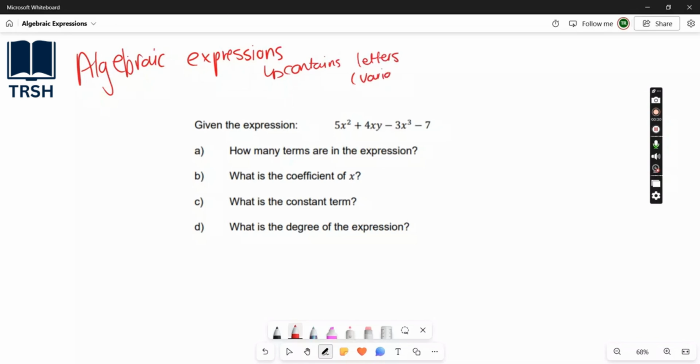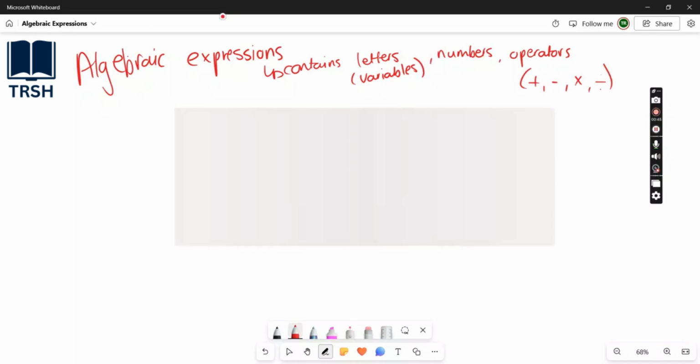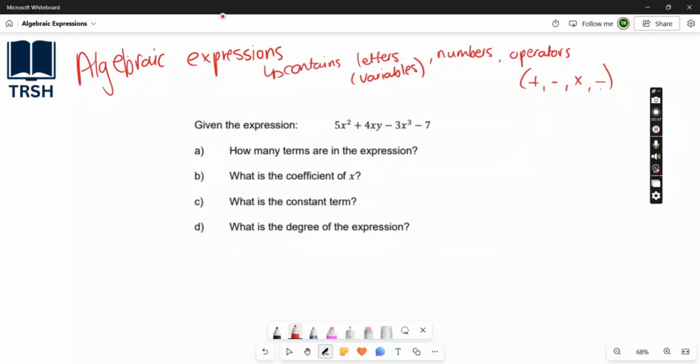They also include our numbers, so 1, 2, 3, and so on. And they also include our operators, being plus, minus, multiplication, and division. So that's what algebraic expressions are all about.